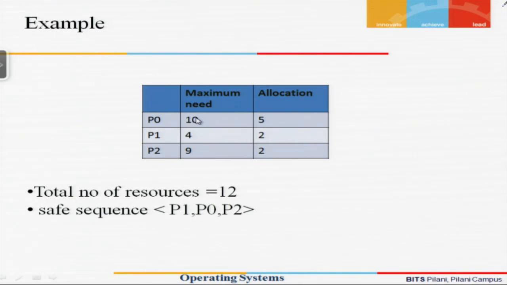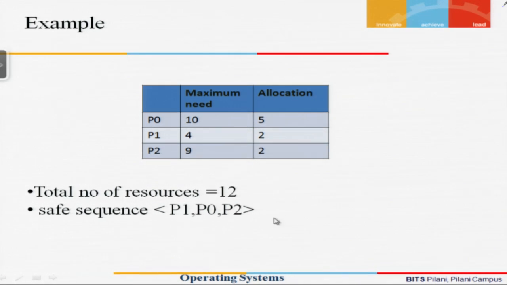As a consequence, P0 is the next process which should execute. When P0 completes, it will release all the 10 resources. So now with the help of those 10 resources, P2's requirement can always be met.